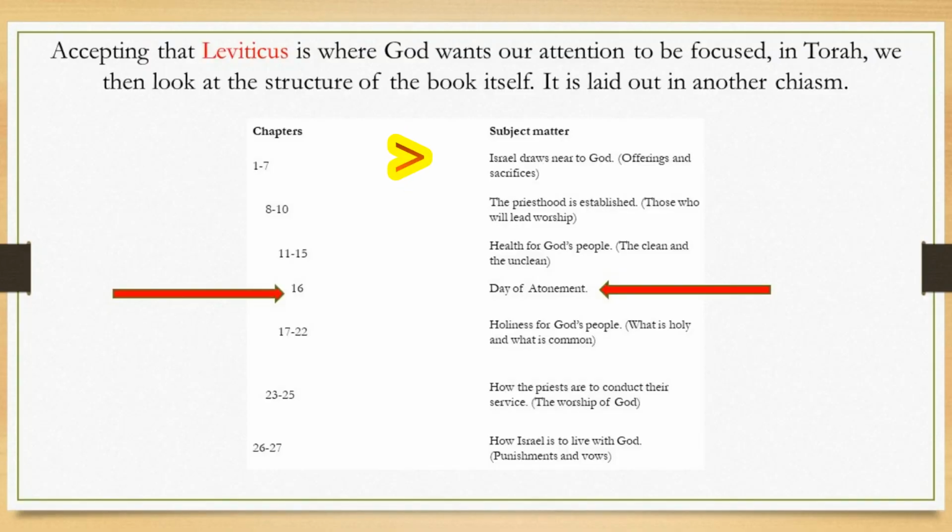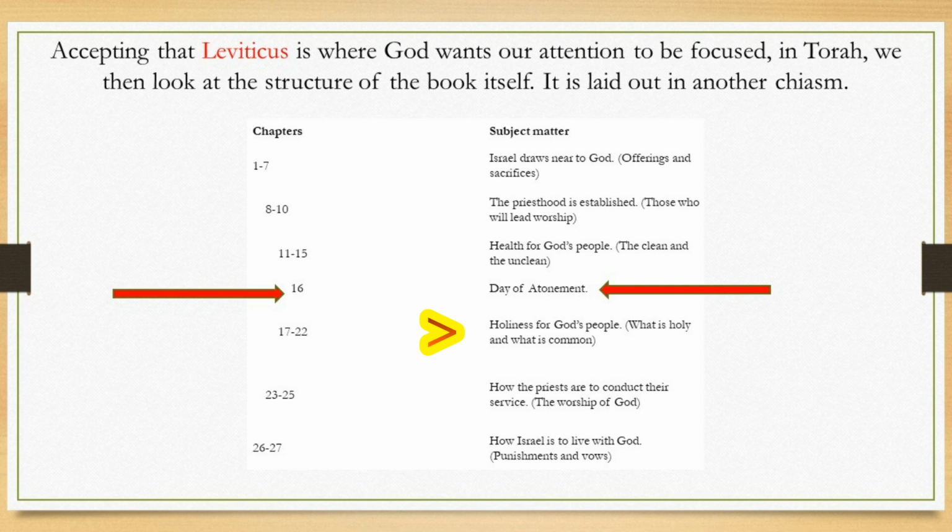Chapters 1 through 7 is Israel draws near to God. There's offerings and sacrifices. Chapters 8 through 10 is the priesthood established, those who will lead the worship. 11 through 15 is help for God's people, the clean and unclean animals. 16, Day of Atonement. All right, so let's keep going.